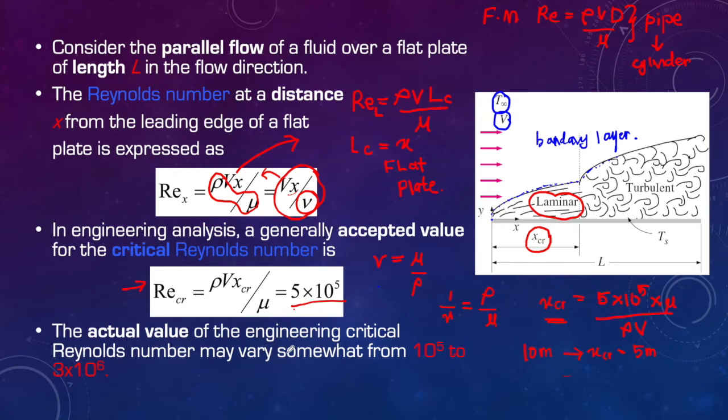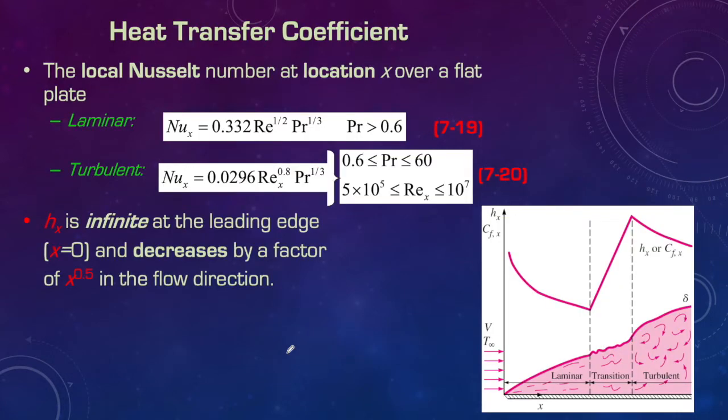Okay, as I mentioned before, there are two categories: constant surface temperature, and the other one is constant surface heat flux. Now we go to the constant surface temperature, where it can be divided into two: local Nusselt number and average Nusselt number. So for the first one, we go to the local Nusselt number. What does it mean by the local Nusselt number? You want to find the Nusselt number at location X over a flat plate.